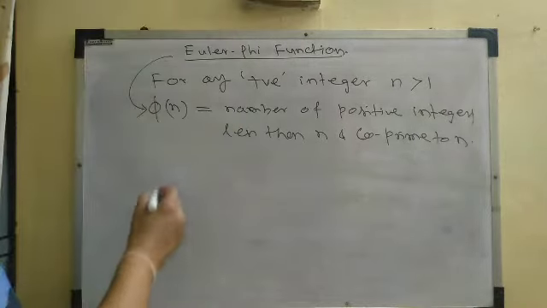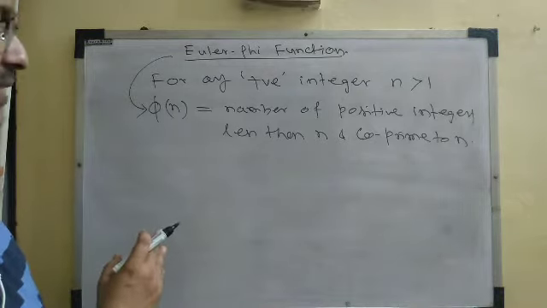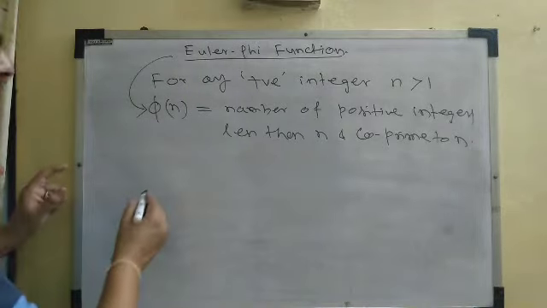That means phi of n means we have to count all those positive integers which are co-prime to n and less than n.